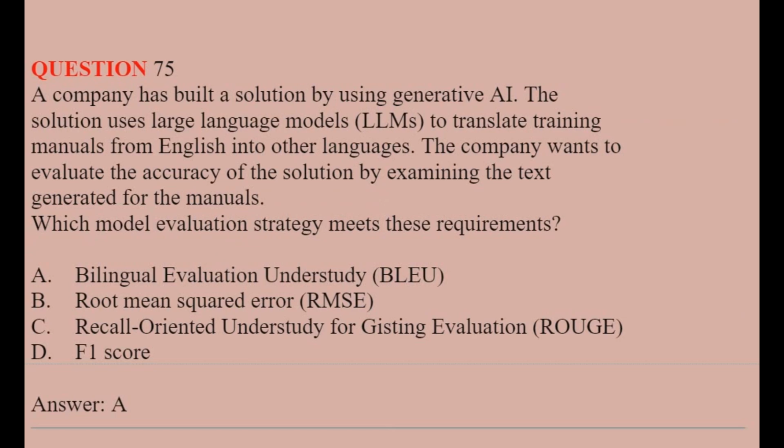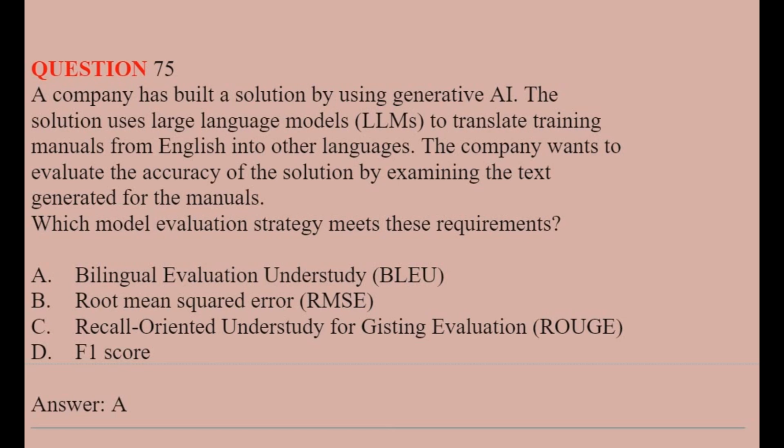Question is, a company has built a solution by using generative AI. The solution uses large language models LLMs to translate training manuals from English into other languages. The company wants to evaluate the accuracy of the solution by examining the text generated for the manuals. Which model evaluation strategy meets these requirements?